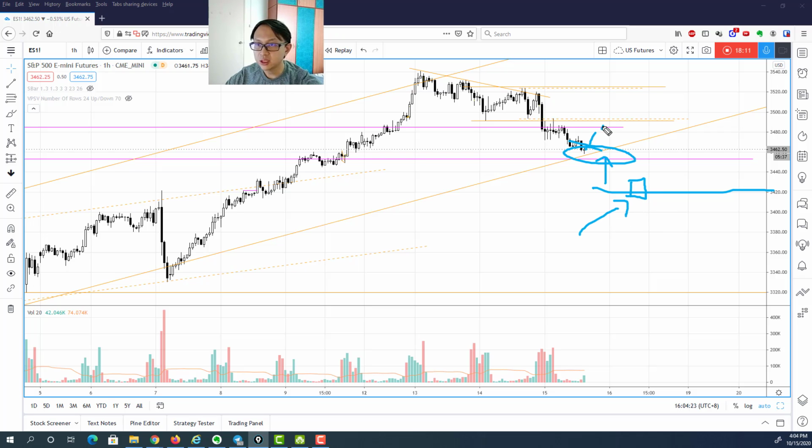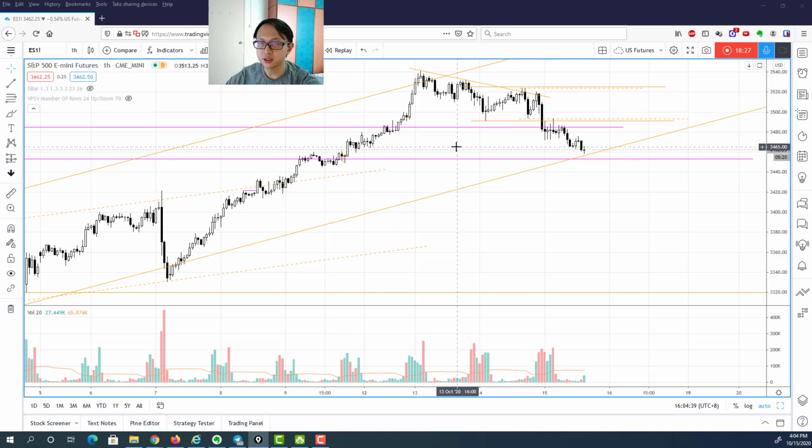Else, if you can just retrace and maybe test the resistance again, then that could form a short entry if we see some kind of rejection with a spike of the supply, so things like that. So just need to monitor the context as well together with the price and volume analysis.